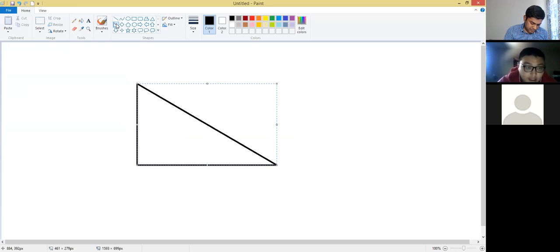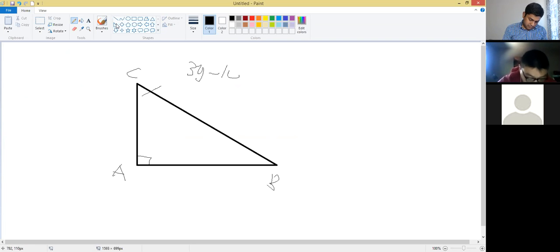A right triangle ABC. We know measure A is 90 degrees. That's a right triangle. And the measure of angle C is 3y minus 10. This one is y plus 40.